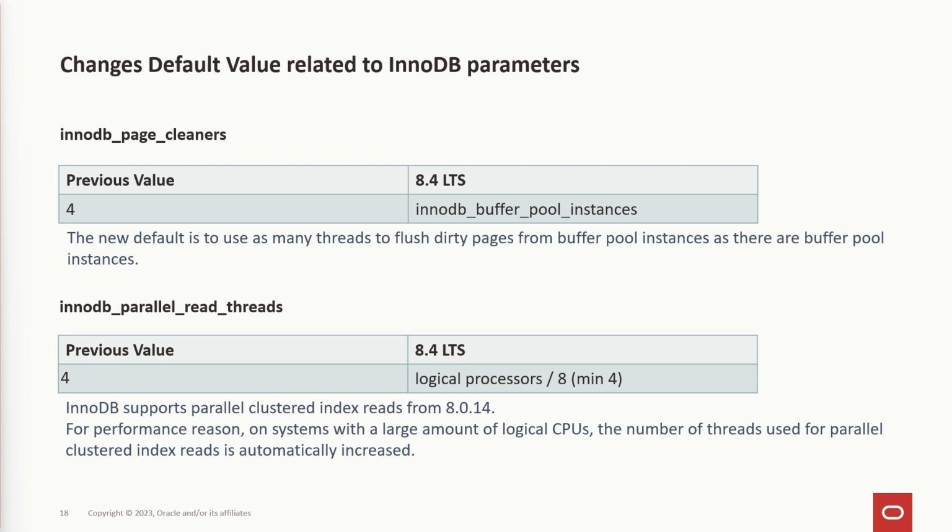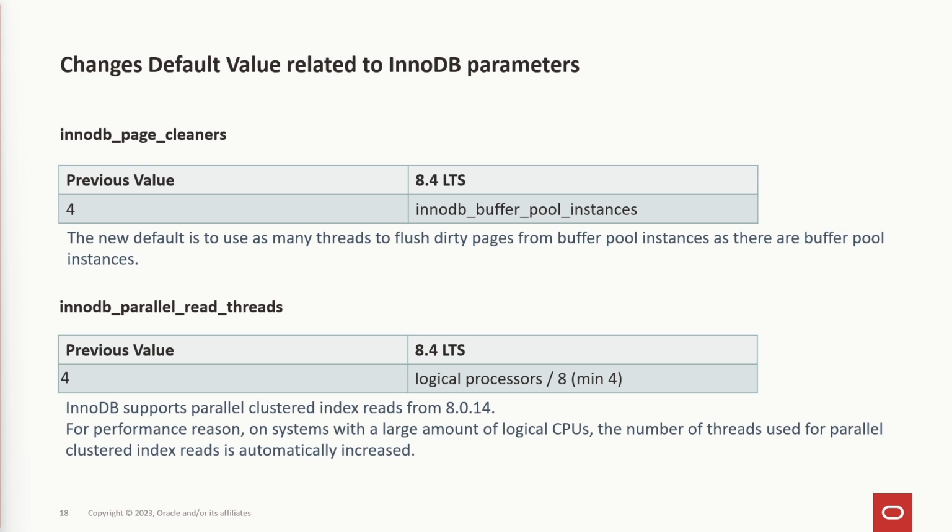The other one is parallel read threads. All of us know MySQL was weak at parallel operation, but from 8.0.14 we introduced some parallel operations.